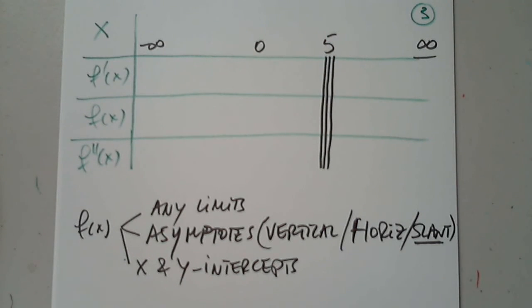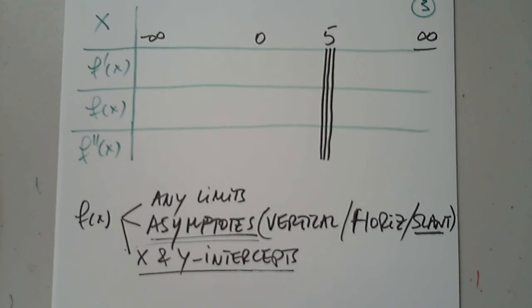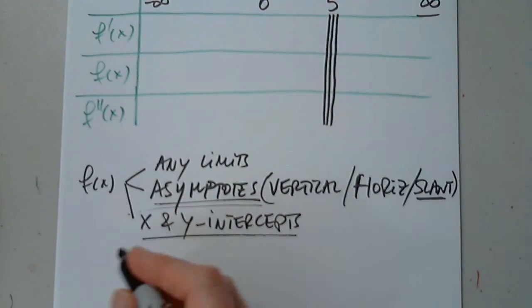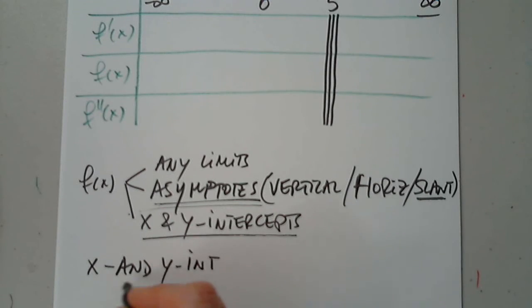I can't find anything about the function other than limits, any limits that are needed, asymptotes if they exist, and of course x and y intercepts. So let's start with a simple one, the x and y intercepts.